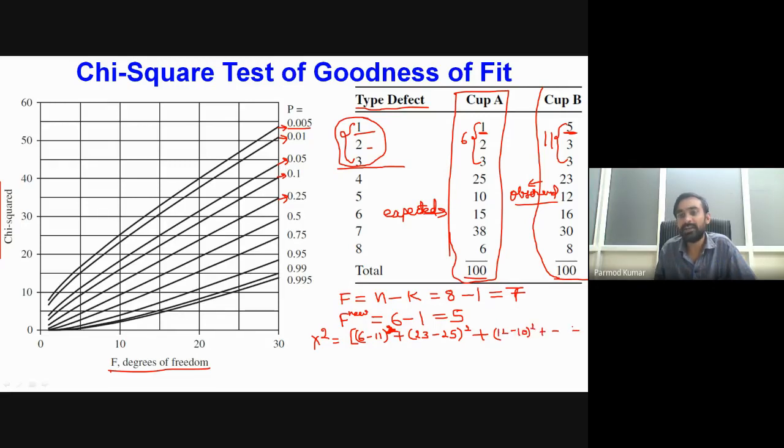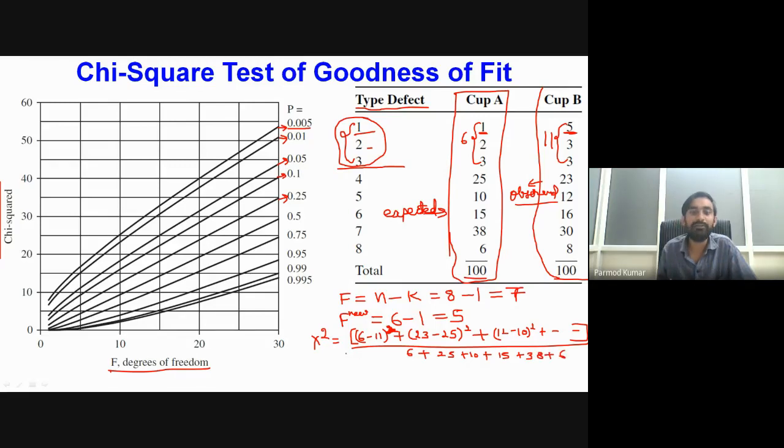Something like that we will write for all, and then divide by the sum of all expected. The sum of expected is 6 plus 25 plus 10 plus 15 plus 38 plus 6.